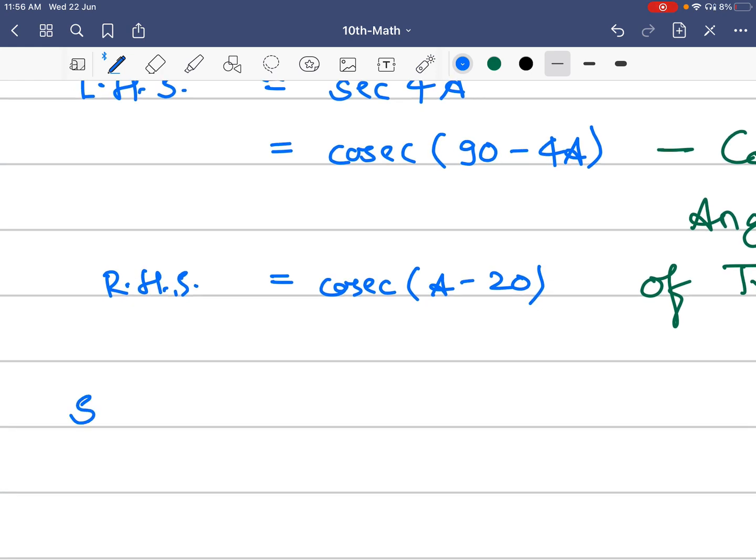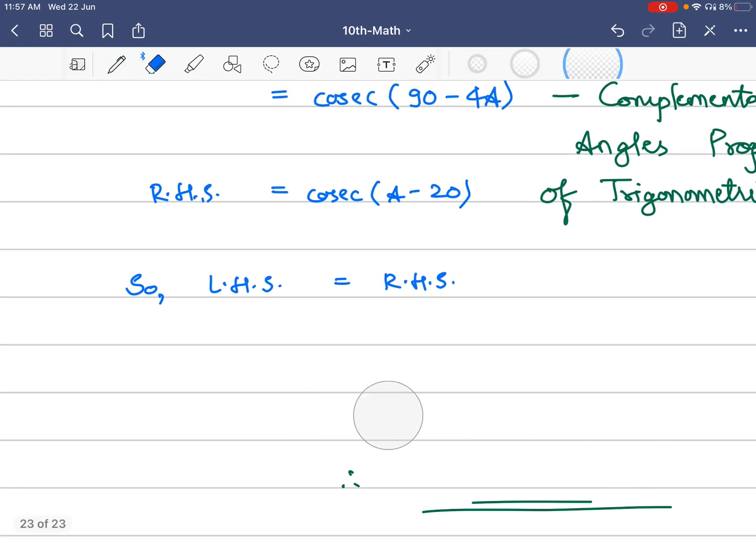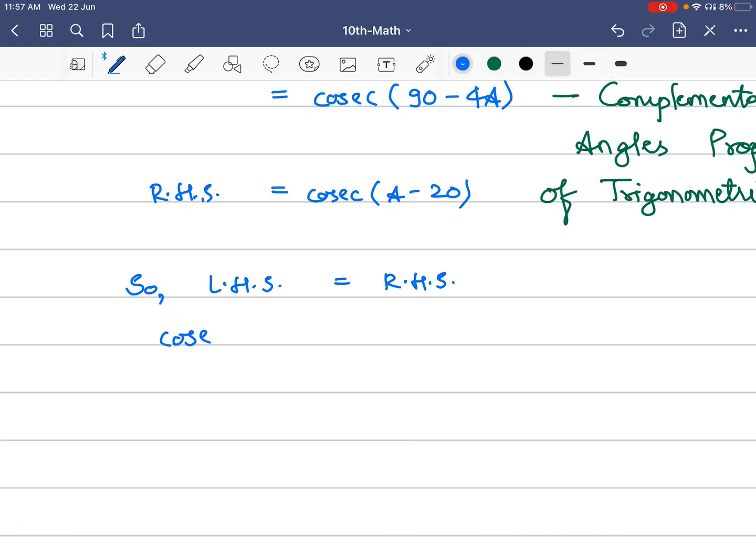Left hand side is equal to right hand side. My left hand side is cosec of 90 minus 4A, and my right hand side of the equation is cosec of A minus 20.